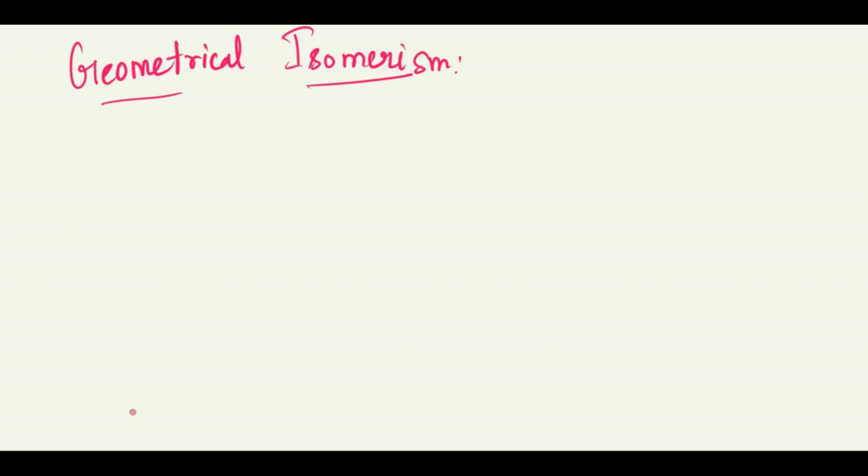Geometrical isomerism, we very well know, occurs due to the different spatial arrangement of the ligands in square planar and octahedral complexes. It is not for tetrahedral because it is not symmetrical in nature.